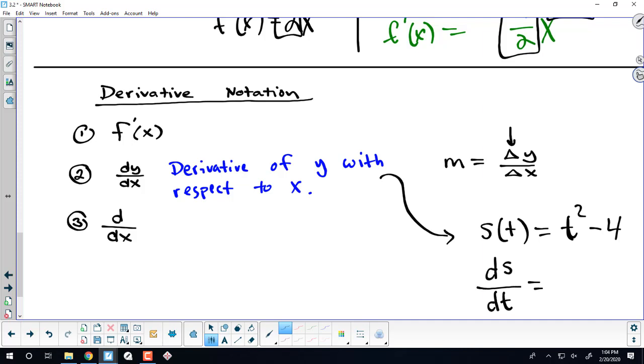So that's also the same thing as saying find s prime of t, or the derivative of function s with respect to t. That avoids being a little odd. So just a couple of different ways to notate the derivative.